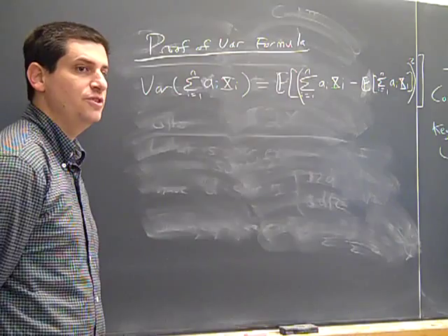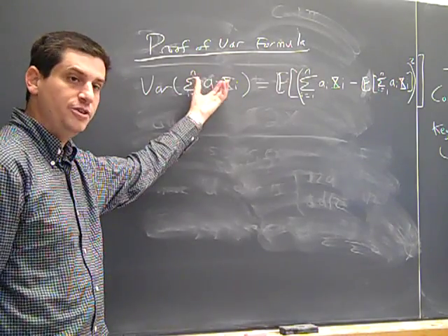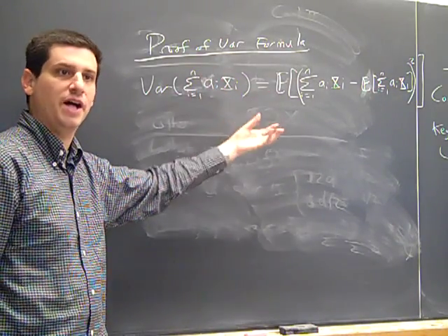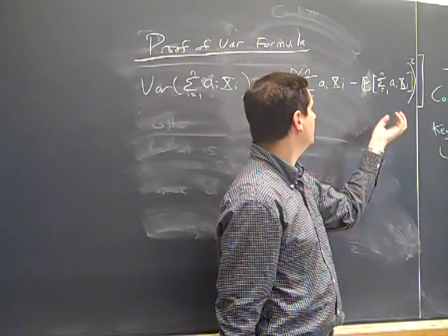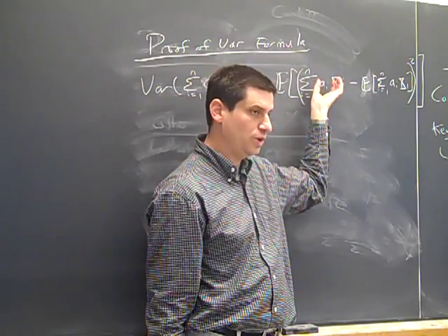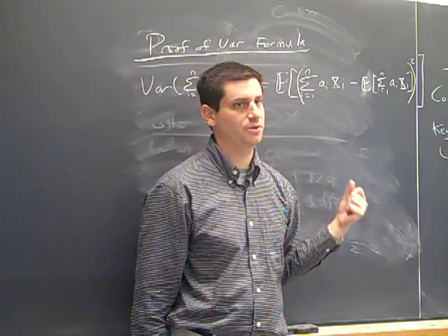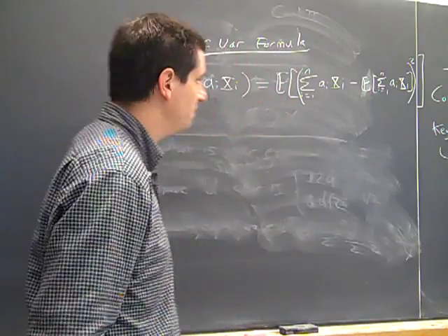Right? This is the definition of the variance of something. To calculate the variance of a quantity, subtract its expected value, square, and take the expected value of that. The other thing I could have done is say it's the expected value of the square of this minus the square of the expected value. I want to write it like this.